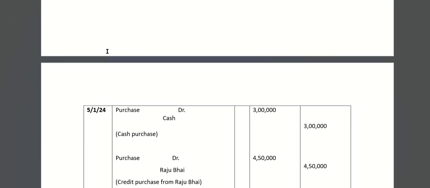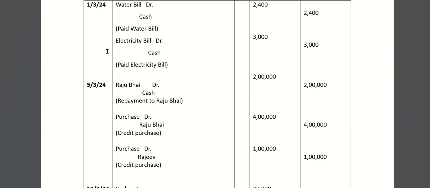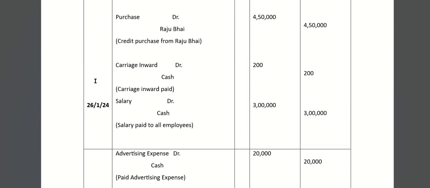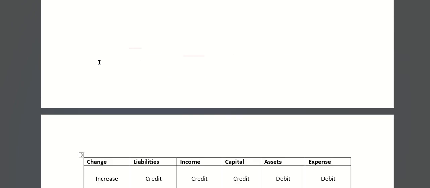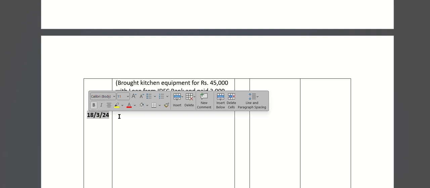So just see how the journal entry would come. The date is 18, 2024. Now we know we have received cash from Rahman.